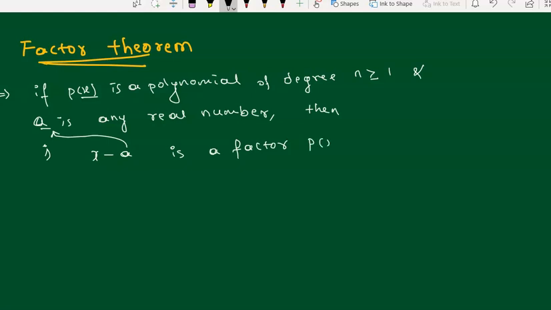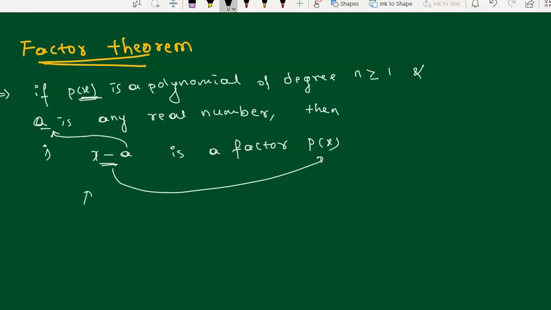p of x. Same thing, guys, just opposite of remainder theorem, nothing else. So when can you say x is a factor of p of x? Just now we have solved one problem, right? The factor theorem is saying that if p of x is a polynomial of degree greater than or equal to 1 and if a is any real number, then x minus a is a factor of this polynomial p of x when the remainder is equal to 0.